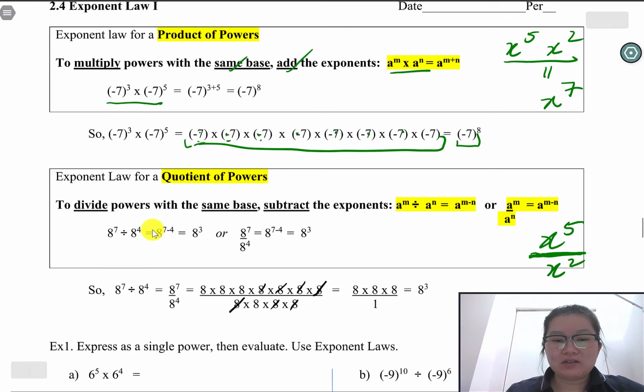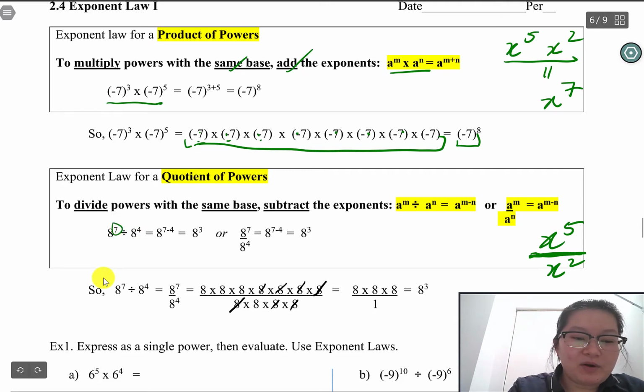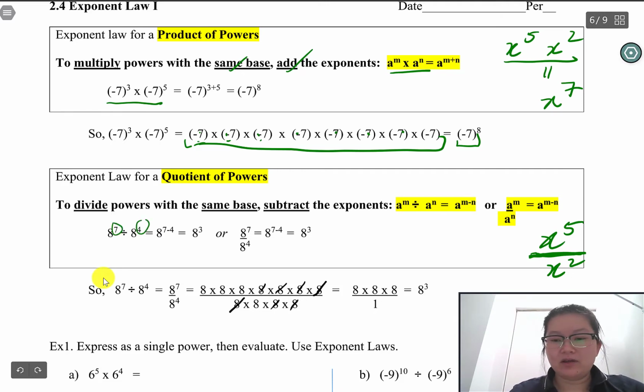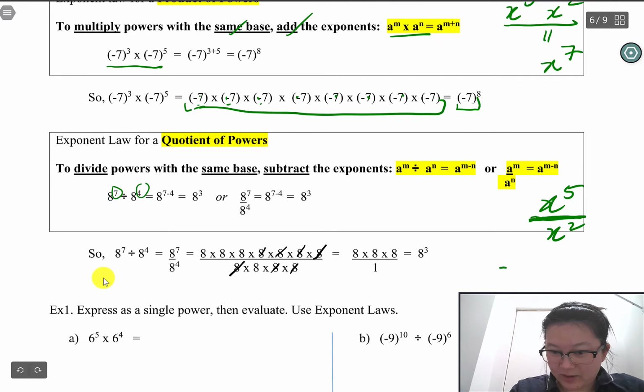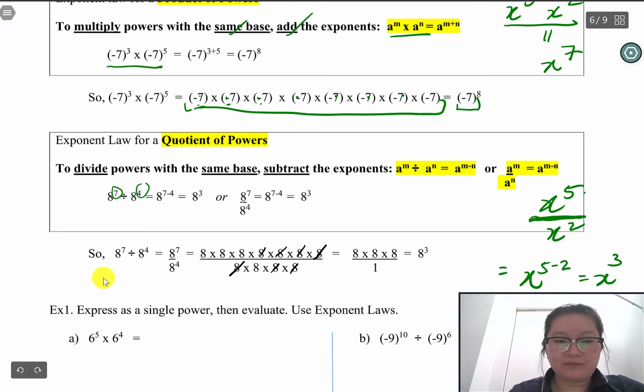Okay, so what we have to do is take the first exponent minus the second exponent. If I use my x example here, this would be x, the top minus the bottom. So 5 minus 2, this is x to the power of 3. And in their example, this is 7 minus 4 equals 8 to the power of 3.